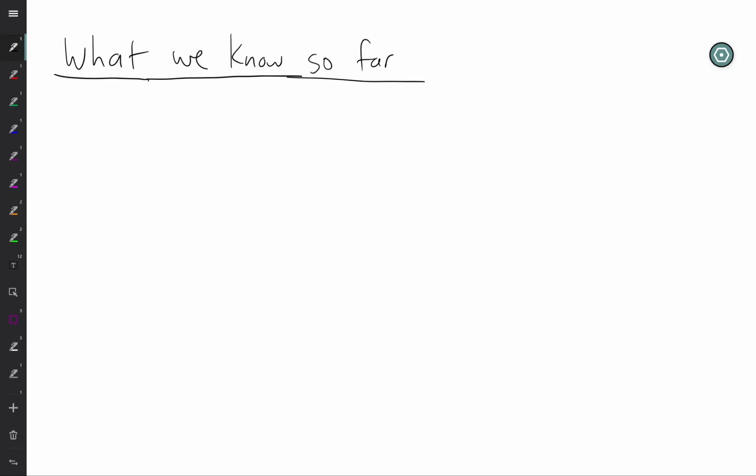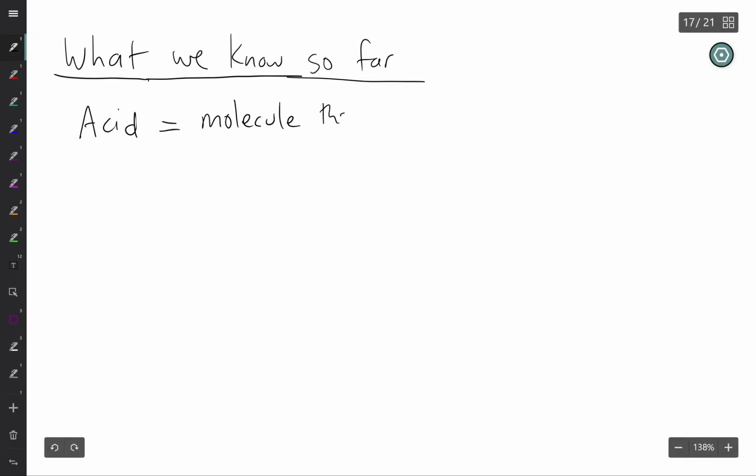To start, let's just summarize what we know so far. What is an acid? A molecule that gives up H plus, also known as a proton.